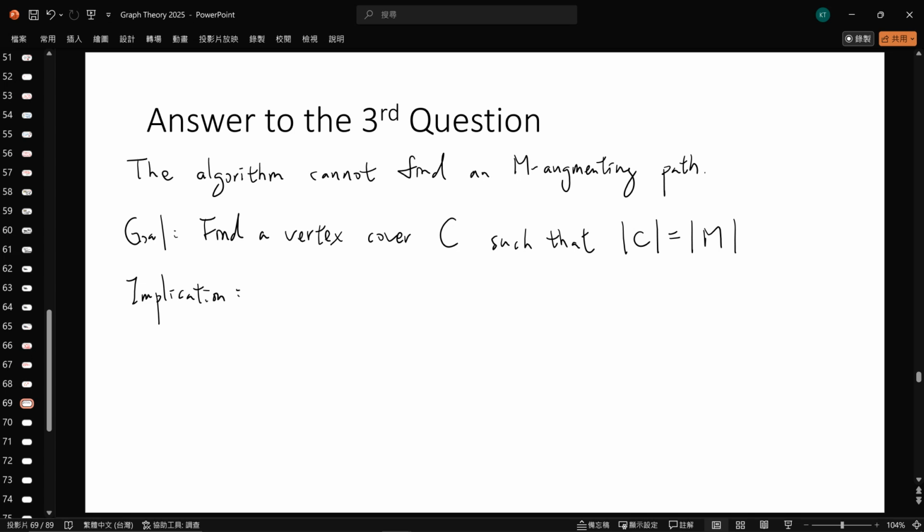So why? What happens if we have this vertex cover C?